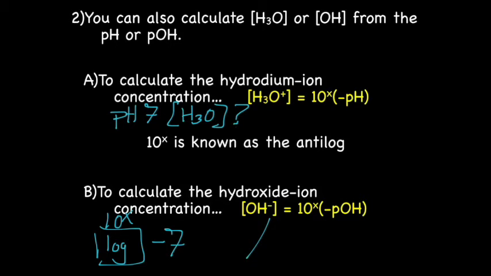If you're a backwards sort of person, you're going to put in 7, then negative, and then your 10 to the x. Okay, so let's try it and see what we get. And I came up with 1 times 10 to the negative 7. So that's how you use your anti-log button.